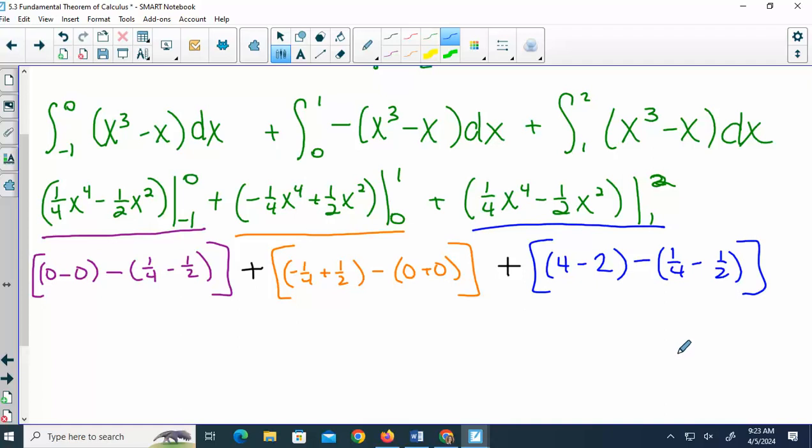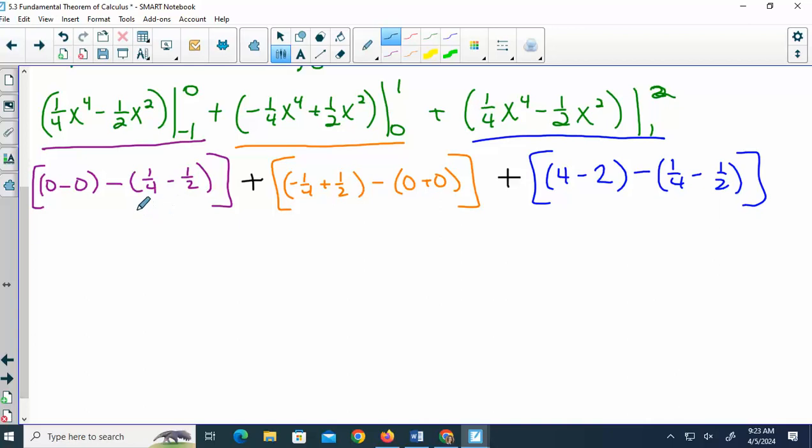So now we just have to clean this up. We don't need calculators. We can do this. Shame on you people. You don't need it. This is 1/4. 1/2, that's like 2 over 4. 1 over 4 minus 2 over 4. Negative 1 over 4. So minus a negative makes positive 1 over 4.